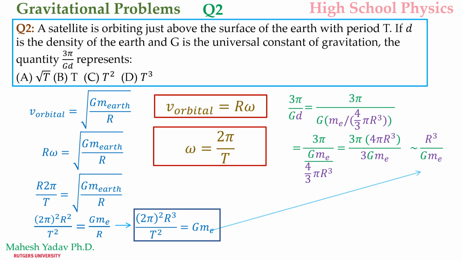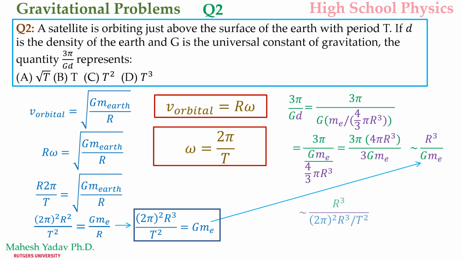Wait a minute. G times mass is something we got before that we wrote in blue. We substitute and ignore the constants, and we get T squared. If we had not ignored constants, we would still get T squared, but in competitive exams you have to learn to be fast. The answer is C. Let us go to the next question.